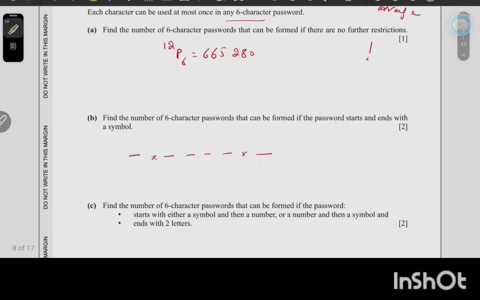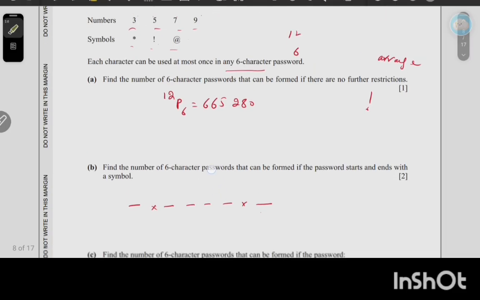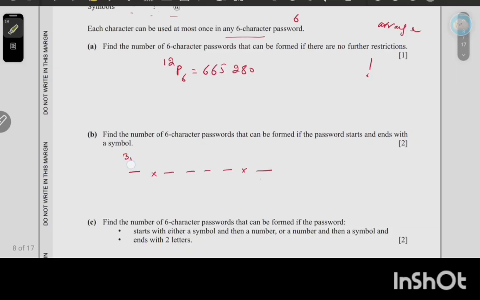Start and end with a symbol, so remaining we have four places and we choose these four from 10.